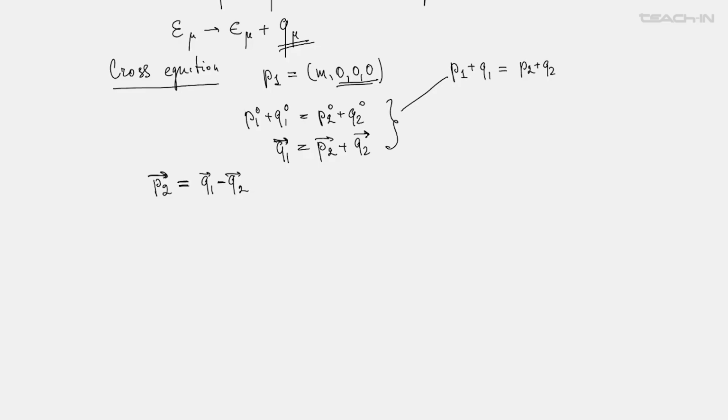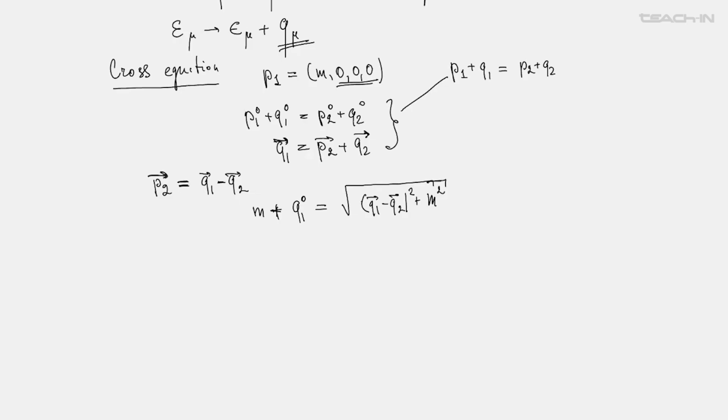So P10 is simply the mass of our electron. Then Q10, the energy of the initial photon, is equal to P20 plus Q20. And P20, what is this? This is now the square root of P2 squared, which is Q1 minus Q2 squared, plus the m squared of our electron, and plus Q20.